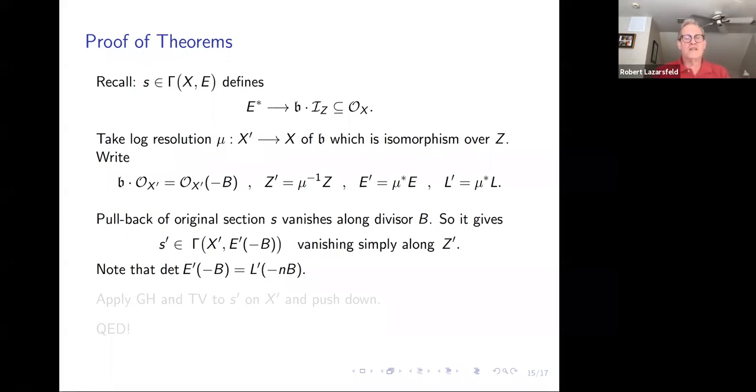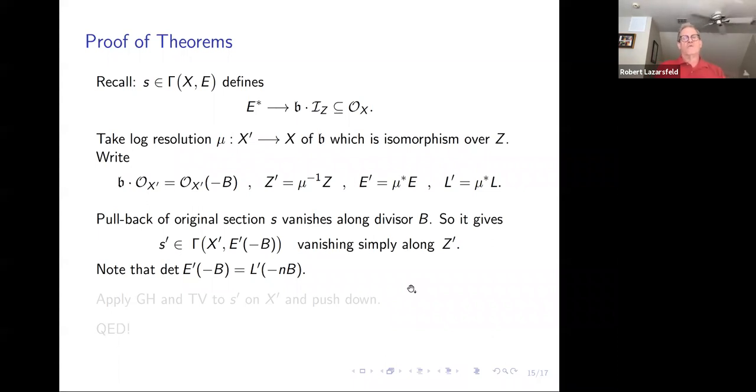And so we get a new section S prime of the line bundle E prime minus B. So in other words, once you have a section that vanishes along a divisor, you can twist out the divisorial part of that. Okay, so now we get a section of E prime minus B, and this vanishes simply along Z prime and nowhere else because all the B stuff is absorbed into here.